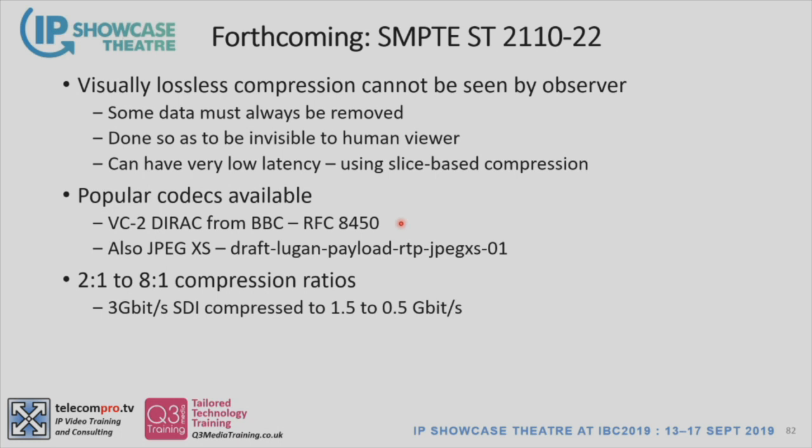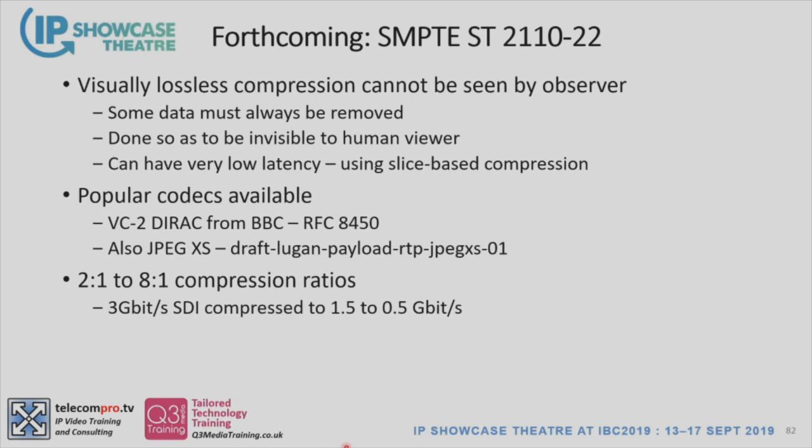The RTP encapsulation is described in RFC 8450, and JPEG XS, which is proceeding rapidly through the IETF's process and should be an RFC soon, allows us to also have JPEG XS as a permitted RTP standard.